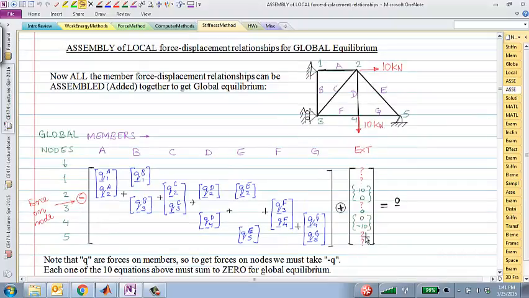And where did these come from? These are all the external forces to the truss. Clearly, for example, 10 and 0 is the external force on node 2: 10 in the x direction, 0 in the y direction.